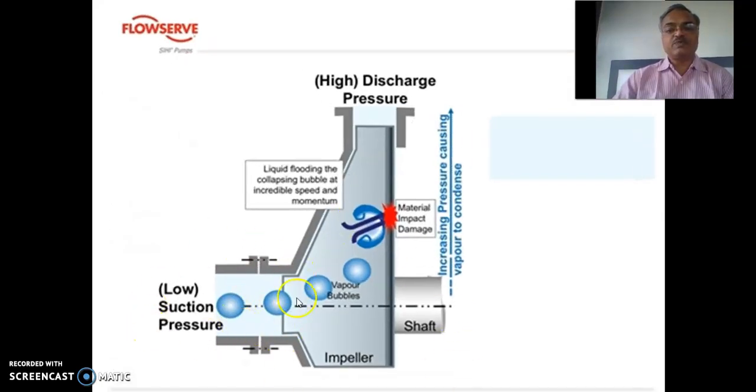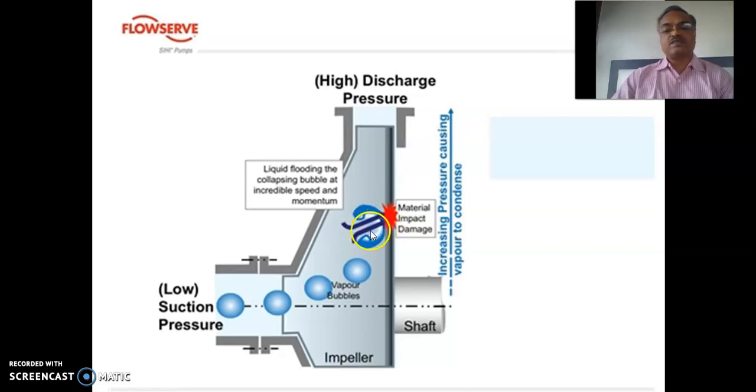Now again, see with this picture, this is the suction side. If pressure goes beyond the vapor pressure, then such air bubbles form. These air bubbles get carried away with this stream of water. And suppose from here the pressure goes on increasing slightly. So if these small vapor bubbles are carried away to high pressure region, then they collapse.